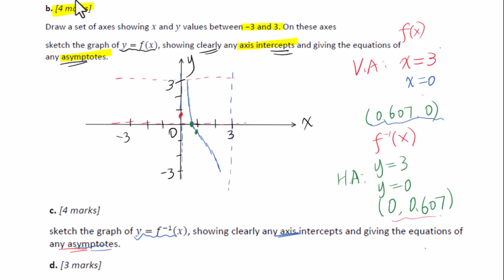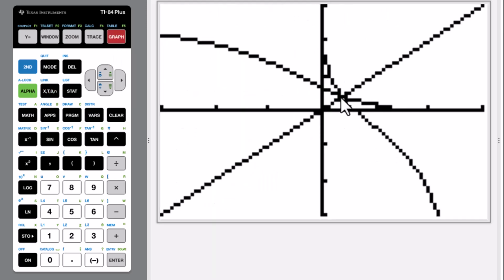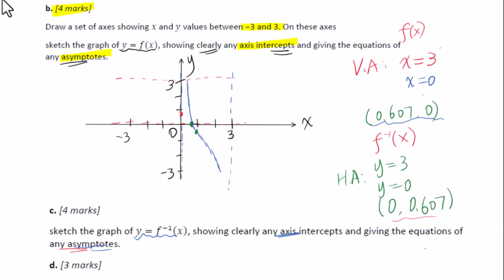When you sketch the graph of an inverse function, normally we will draw y equals x, because f of x and its inverse function are reflected across y equals x. You could see the intersection of f of x and its inverse function on the graph of y equals x. Draw this y equals x. Then you can sketch the graph of the inverse function.